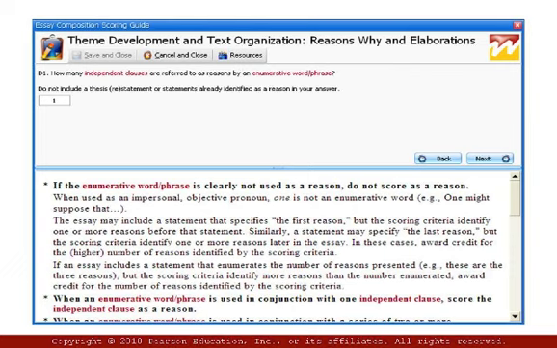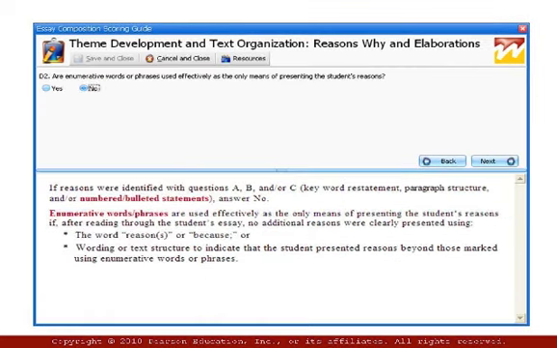I am not going to use criterion D to identify that as a reason because I've already identified it as a reason using criterion A. But in this case, this is the first time I'm looking at this sentence. So I'm going to say one independent clause uses an enumerative word or phrase, and then you move on to the next component. And the next component is going to be, are enumerative words or phrases used effectively as the only means of presenting the student's reasons?